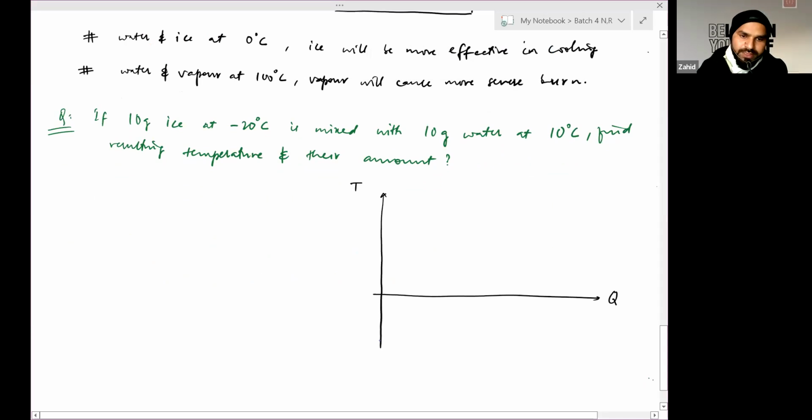Ice is at minus 20 degrees Celsius at this point. On giving heat, its temperature would change from minus 20 degrees Celsius to this 0 degrees Celsius. So it will be termed as specific heat.